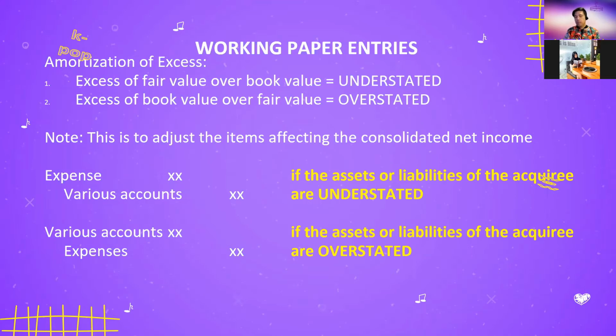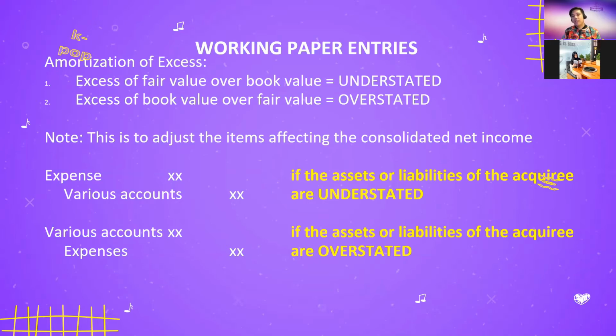So what are those working paper entries? Let's discuss the amortization of excess. We said if the excess of fair value over book value, then it's understated. If we're talking about a depreciable asset, say we have equipment, the fair value is 10,000, book value is only 5,000.